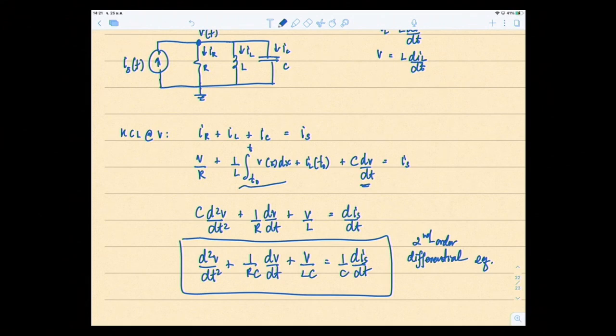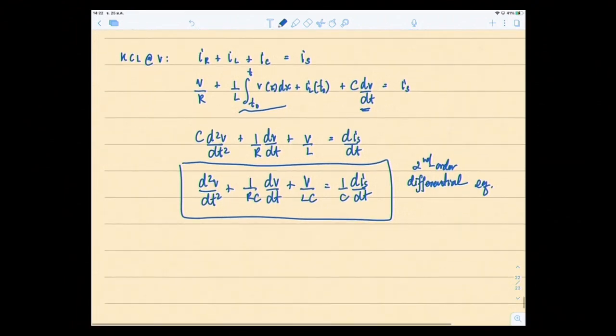So you know why it's so important to pay attention in your math class, to understand how to solve first order and second order differential equations. These are the applications, and why you learn those math things.